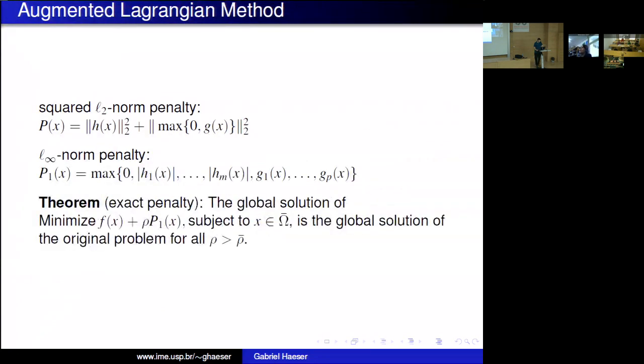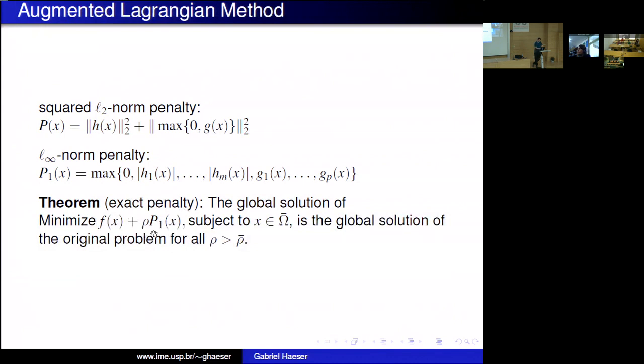One idea to do this is to change the penalty function. We have used this function, the squared L2 norm penalty. It's a nice differentiable function, but we could change this for this other L-infinity norm penalty. If we do this, we have a result called the exact penalty result.